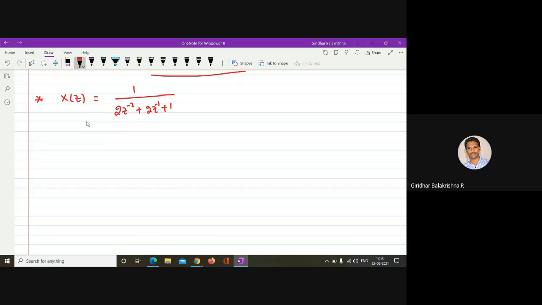If they have not specified causal or anti-causal, then by default you need to consider a causal system. So here they have not specified, so by default take it as causal system.